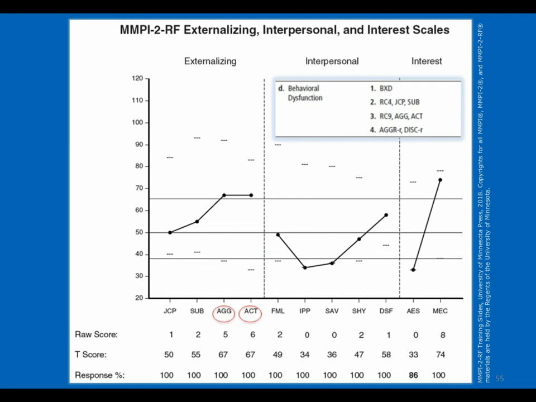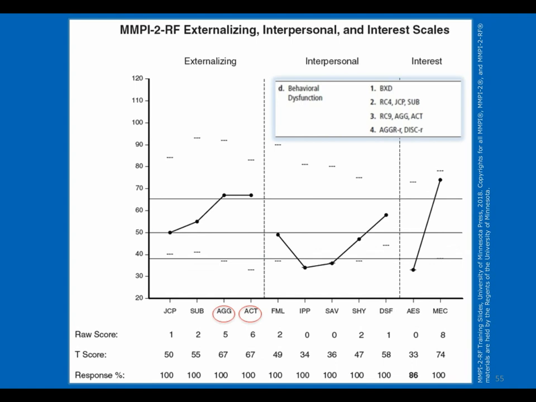So to review, the higher order scale, behavioral externalizing dysfunction, was elevated. And we always begin by interpreting the highest elevated higher order scale. So that's where the interpretation started. Next, because the BXD scale was in the behavioral dysfunction domain, we moved on to interpreting the RC scales, RC4 and RC9.